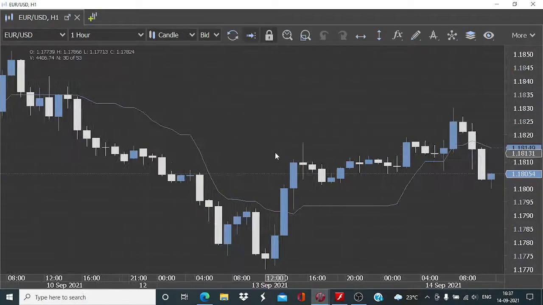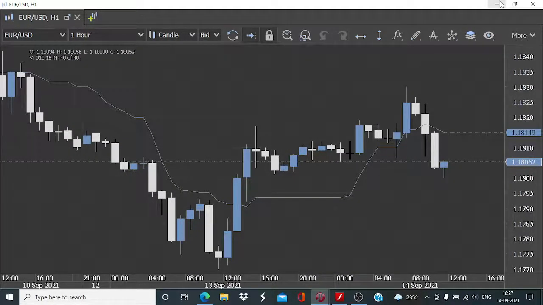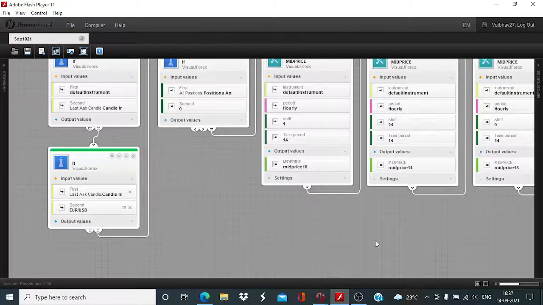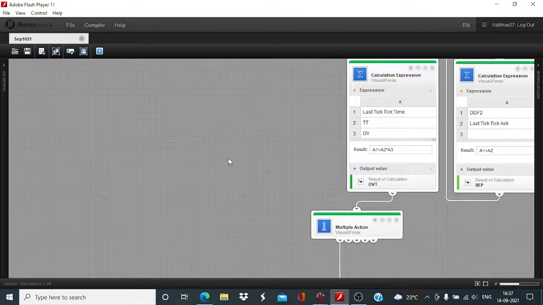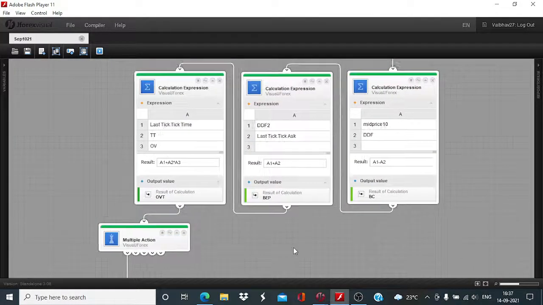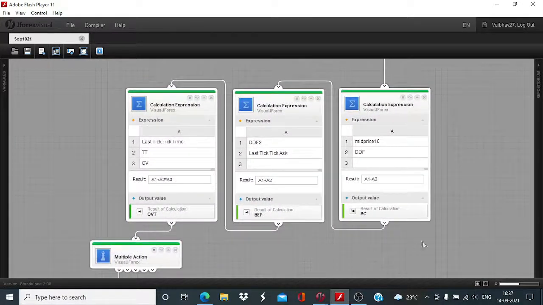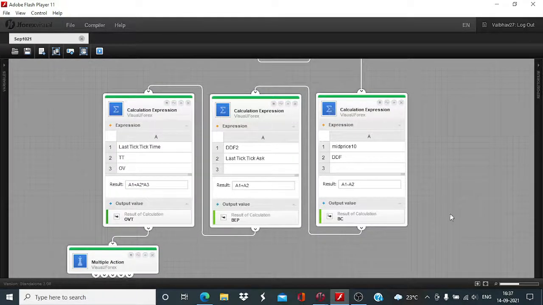Okay, so the logic is now, I hope, clear to you. So we head to the Visual JForex platform again, and two more calculations will need to be done. First is defining the value 30 pips above the mid price.